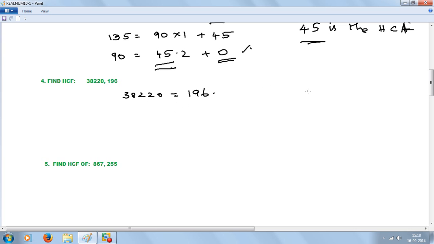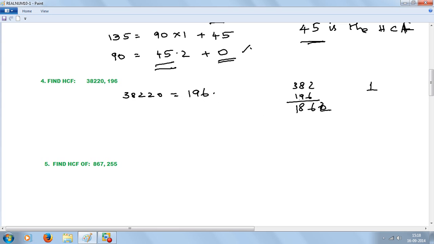So we will divide and check. We have divided by 196, minus. Now it's 1, 186 the remaining. Oh, it is 2. Another 2 we have to add.